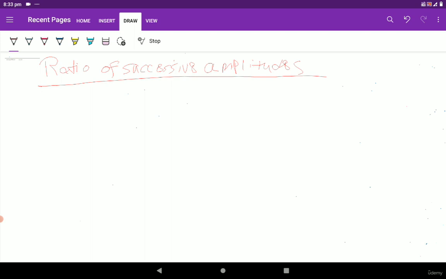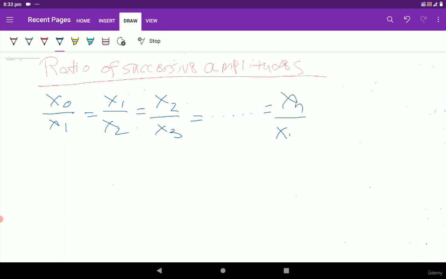So we can calculate the ratio as x naught by x1 is equal to x1 by x2 is equal to x2 by x3 equal to and so on, equal to xn by xn plus 1, which is equal to e power del, which is equal to a constant.